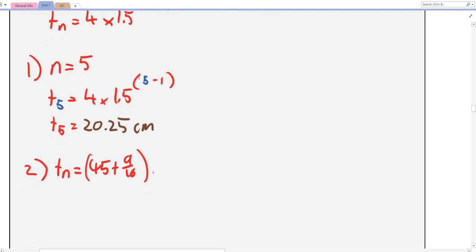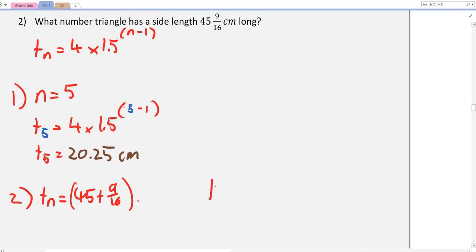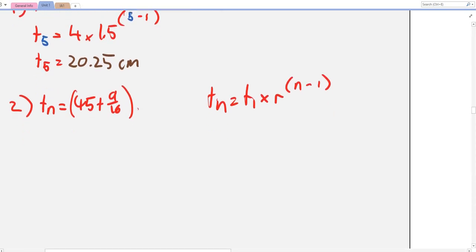Okay. What other values do we need to know for our formula? We've got Tn. Do we have T1? Yeah. Do we have r? Yes. Do we have n? No, n is actually what we're solving for. So we can just rearrange, sort of, using the logarithm. So we've got T1 equals 4, r equals 1.5, and n equals question mark.